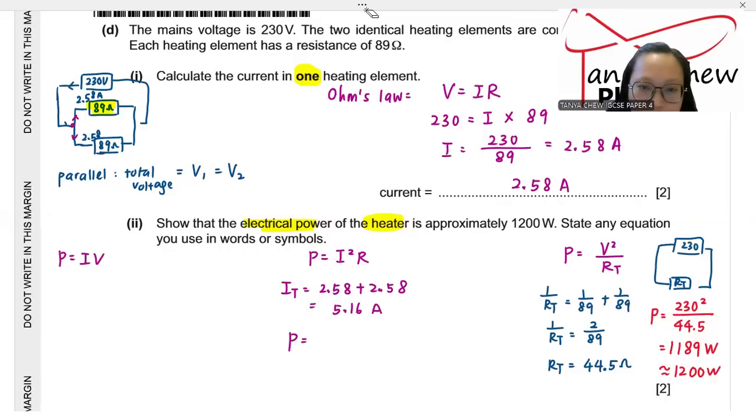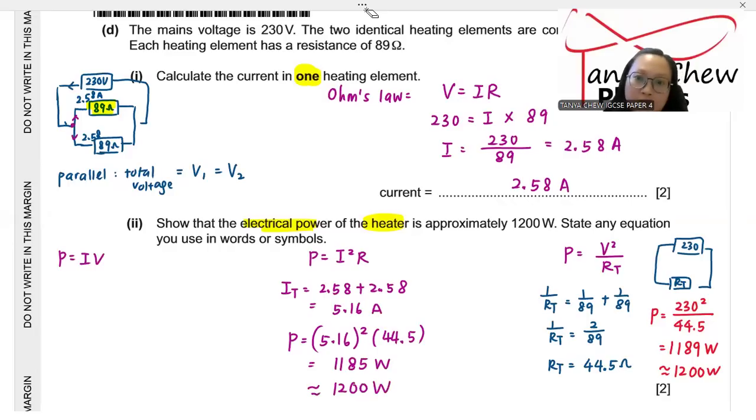So I'm going to use P equals 5.16 squared times the total resistance, which is 44.5, and I get 1185. It will be slightly different due to our significant figures, so you could also round it off to 1200 watt.